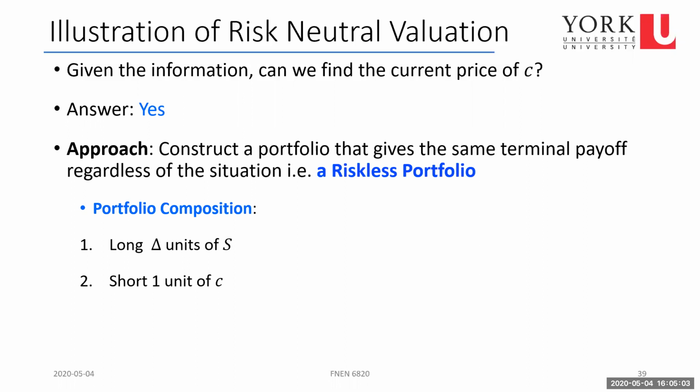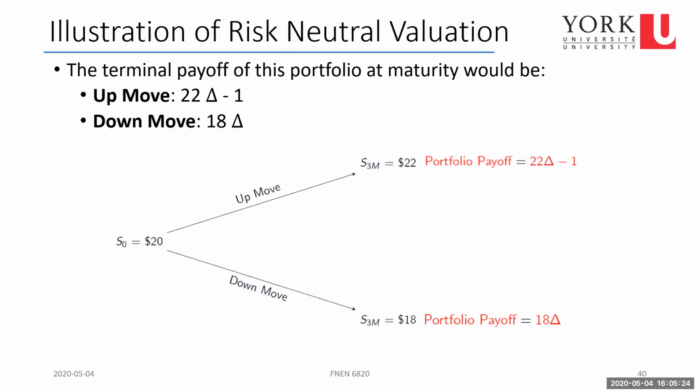The way to do that is to form a riskless portfolio given the information that we had earlier: long, or buy, delta units of S and short 1 unit of C. Let's see what that entails.